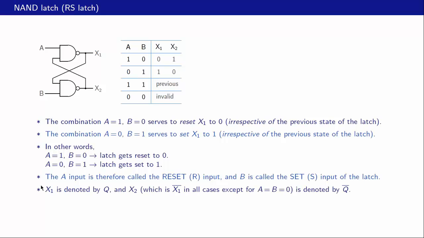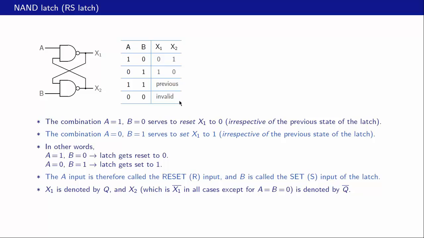The latch output x1 is denoted by Q and x2 is denoted by Q bar, and the reason for that is x2 is the inverse of x1 here as well as here. And if you recall, in the last slide we saw that in this third row, when a and b are both 1, x1 and x2 were inverse of each other.